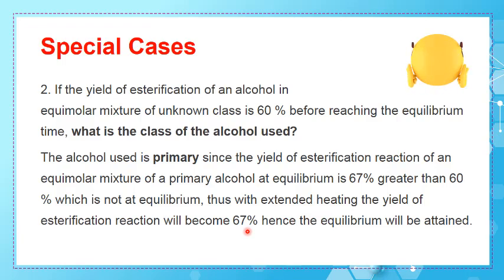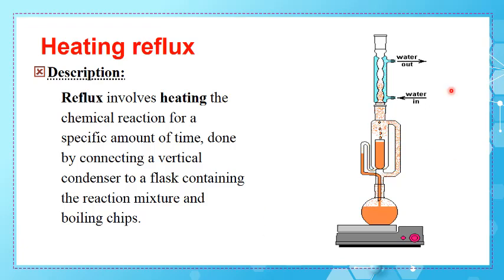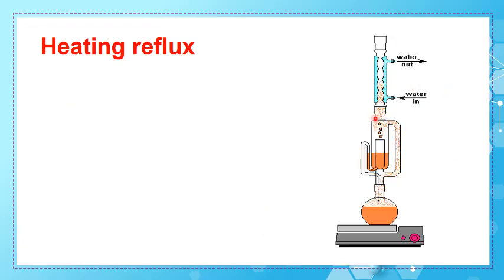Okay? Finally, let's talk about heating reflux. As you can see, here is heating reflux. I have the alcohol and the carboxylic acid put here, and we are heating. This is a heating apparatus. So the vapor will go up through this condenser that is vertical.